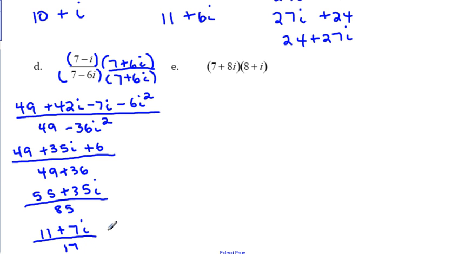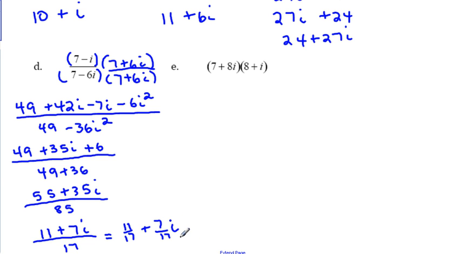Now, if you're doing that in your calculator, your answer would look like 11 over 17 plus 7 over 17, and the i would be at the end of it, but it would look like it was in the denominator.